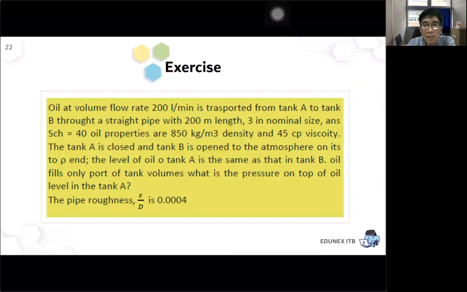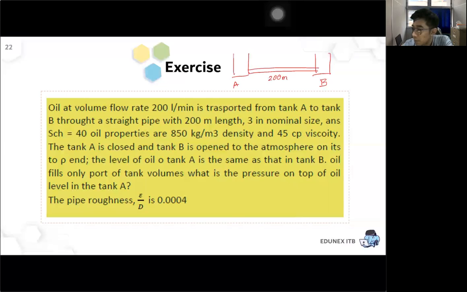In this exercise, we will have two tanks. Maybe I'll draw here. Tank A and tank B. So this is tank A, this is tank B. And these two tanks are connected by a straight pipeline with a length of 200 meters.